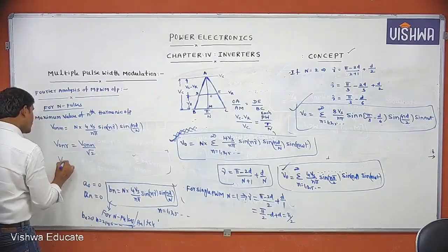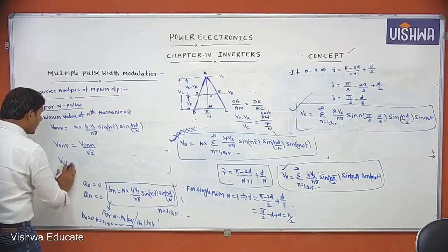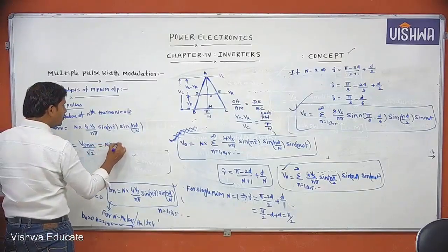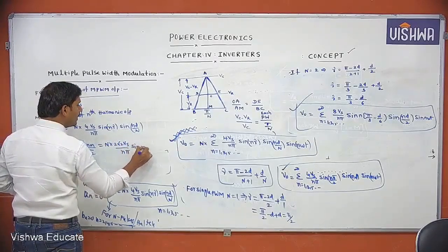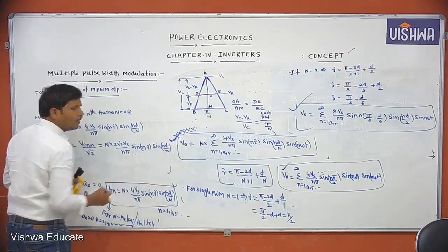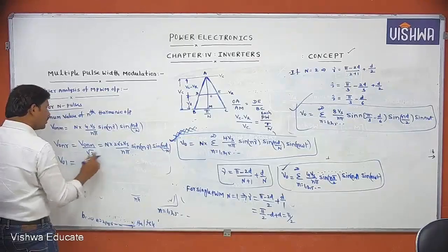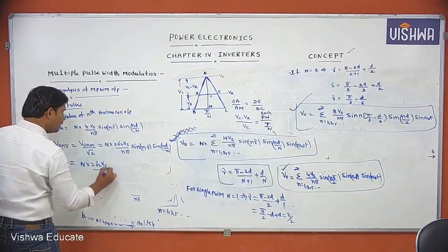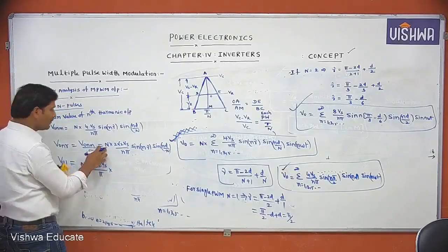If you want the RMS value of the fundamental, how much is this? N into 2 root 2 Vs by n pi sin n gamma sin nd by N. Substitute n equal to 1: N into 2 root 2 Vs by pi sin gamma sin d by N. Small n is nothing but the harmonic order, not capital N. Capital N is the number of pulses per half cycle.